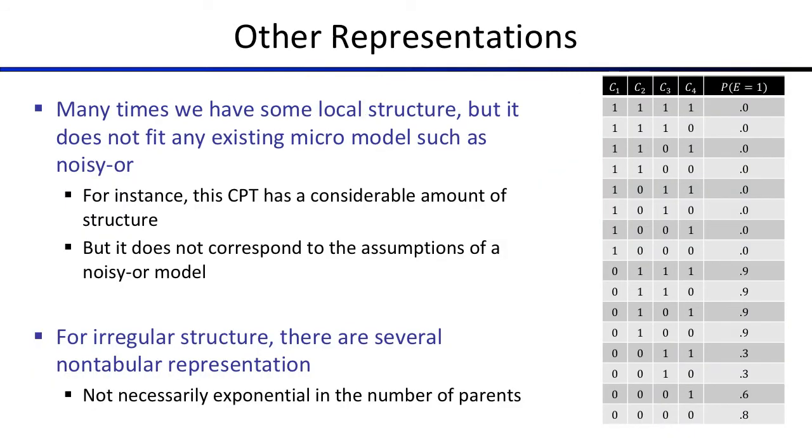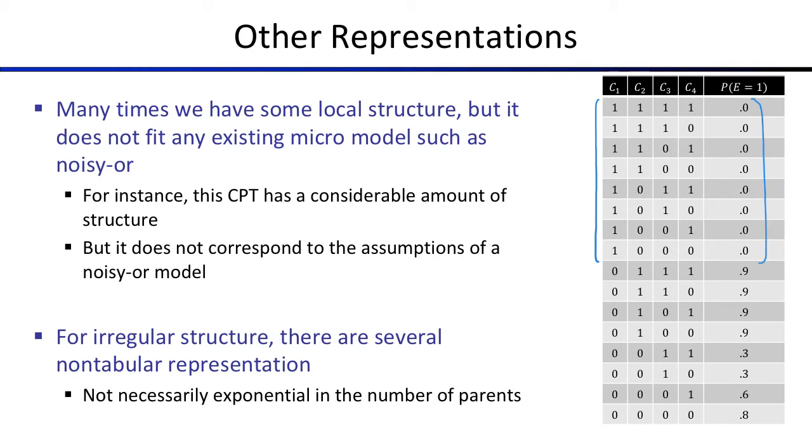So this is one example where we can see that there is some structure, but it doesn't fit the noisy OR model. For instance, we have this table. We are just showing the probability of the output being 1. And we can see that for variable C1, when it's 1, the probability is 0. So it doesn't fit the noisy OR model.